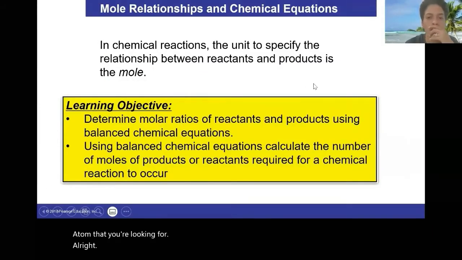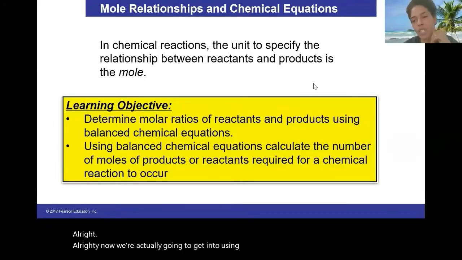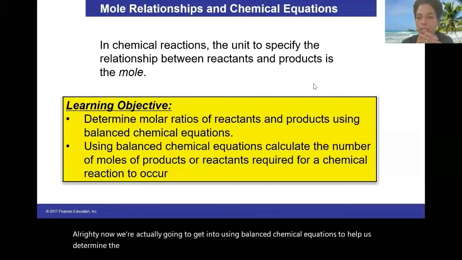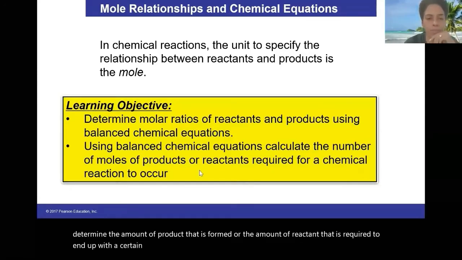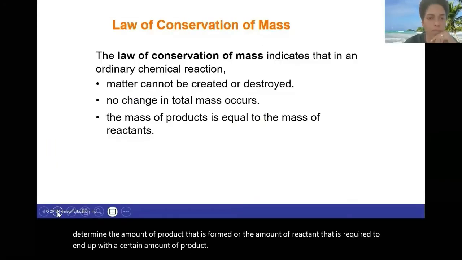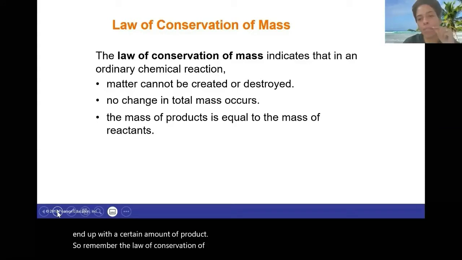All righty, now we're actually going to get into using balanced chemical equations to help us determine the amount of product that is formed or the amount of reactant that is required to end up with a certain amount of product. So remember, the law of conservation of mass has to be maintained, right?